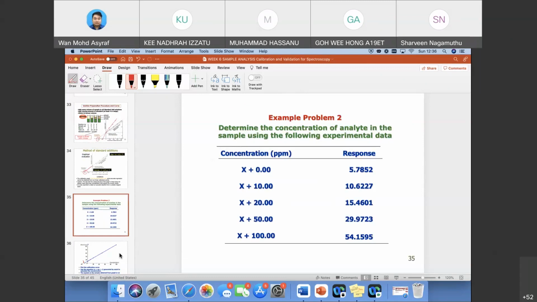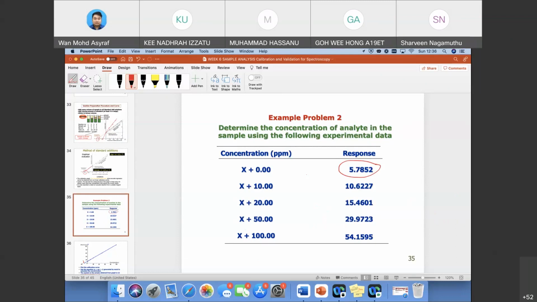Okay, so when we look into the example, in terms of how you are going to determine the concentration, these are x plus 0, what is the response? So this is the unknown's response. This is the response by addition of 10 of your standard.